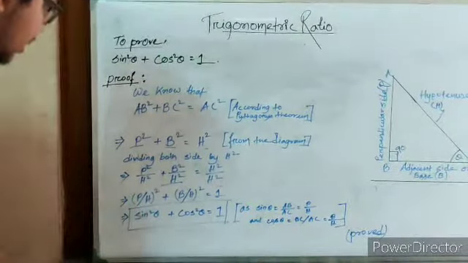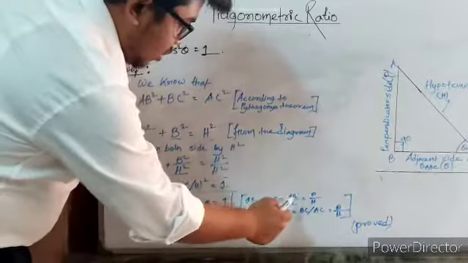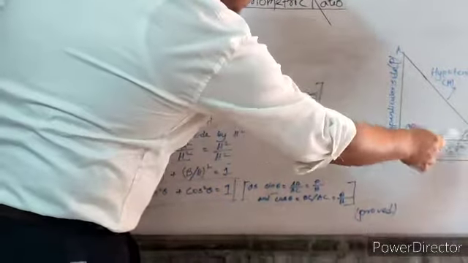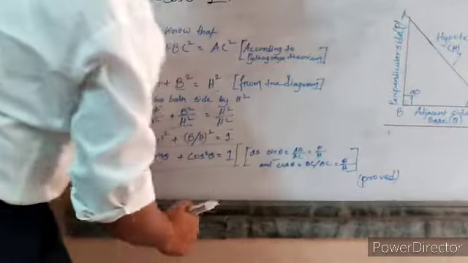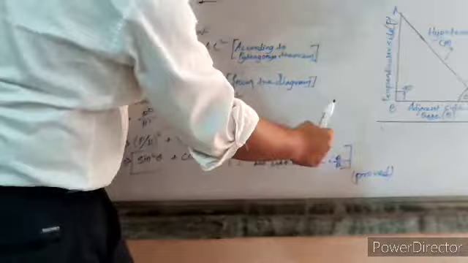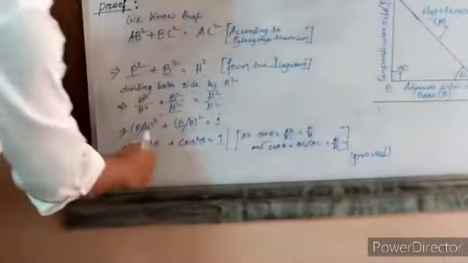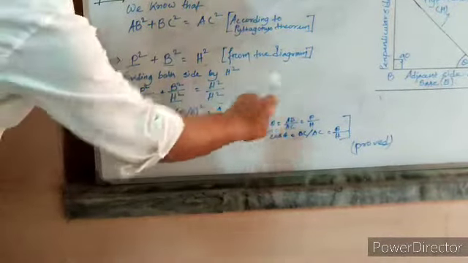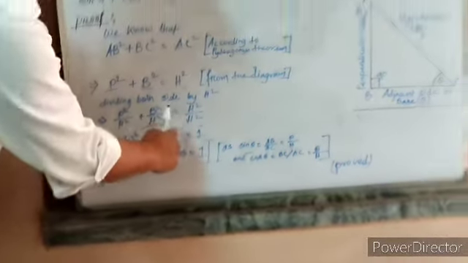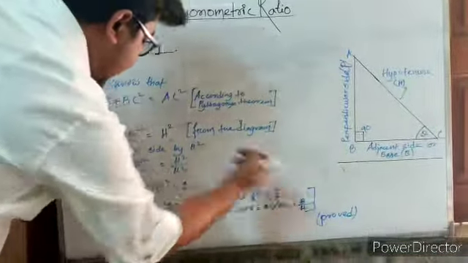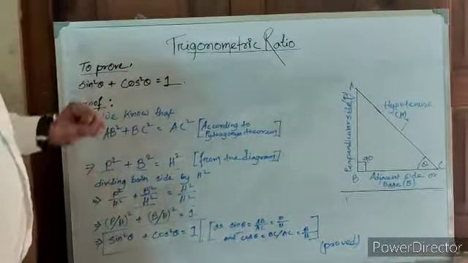Recall that sin theta equals AB by AC, which is P by H, and cos theta equals BC by AC, which is B by H. So P by H, the whole square, equals sin square theta, plus B by H, the whole square, equals cos square theta, equal to 1. Thus we can also prove the other two identities.